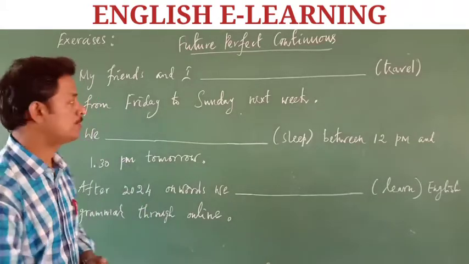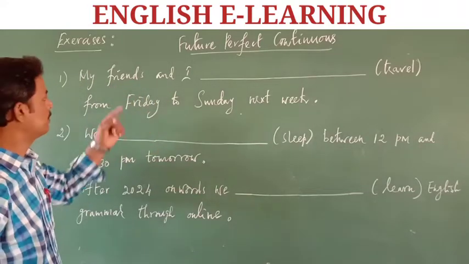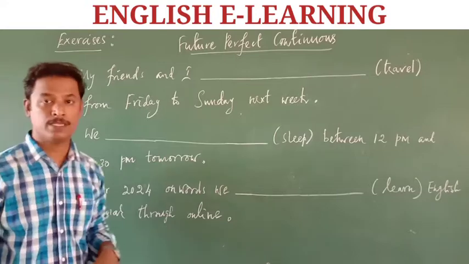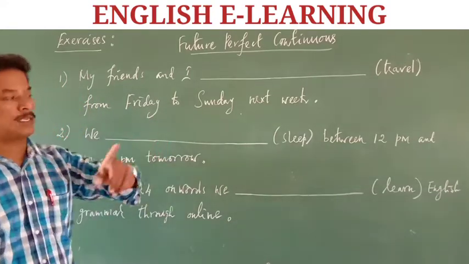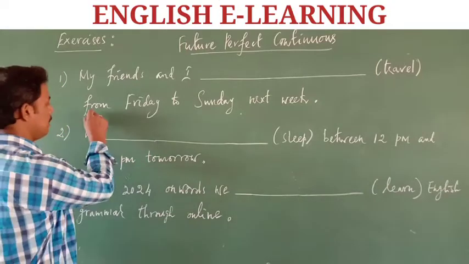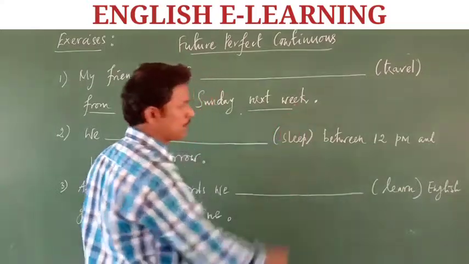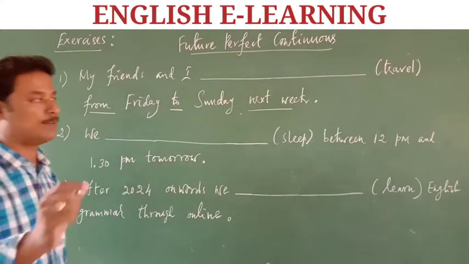Look at the examples. Exercises for future perfect continuous. First one, my friends and I dash. The verb form is travel. From Friday to Sunday next week. The keyword is from to as well as next week. So answer will be in future perfect continuous.